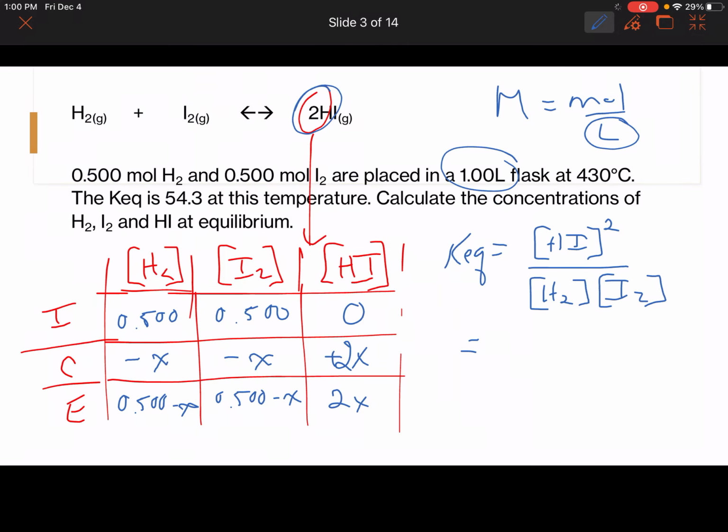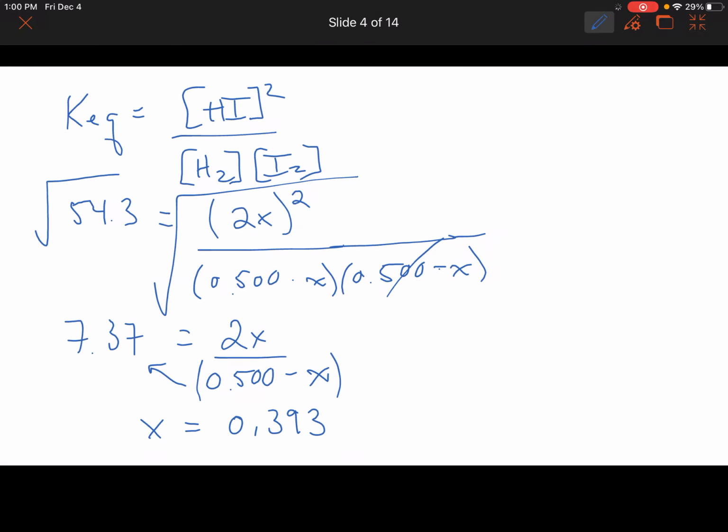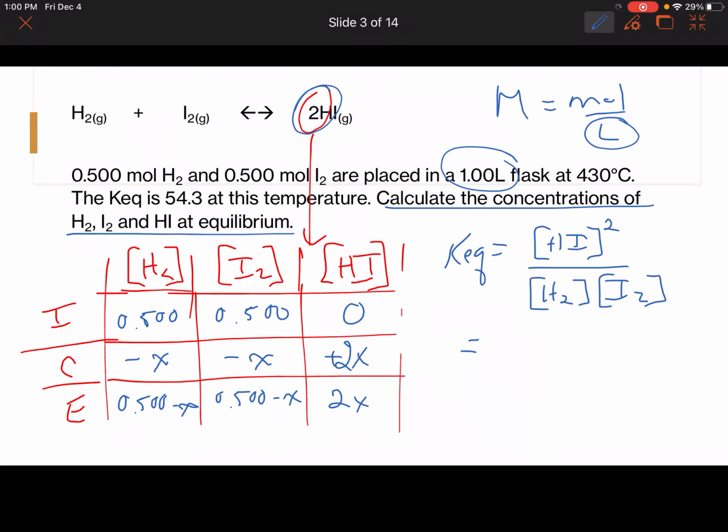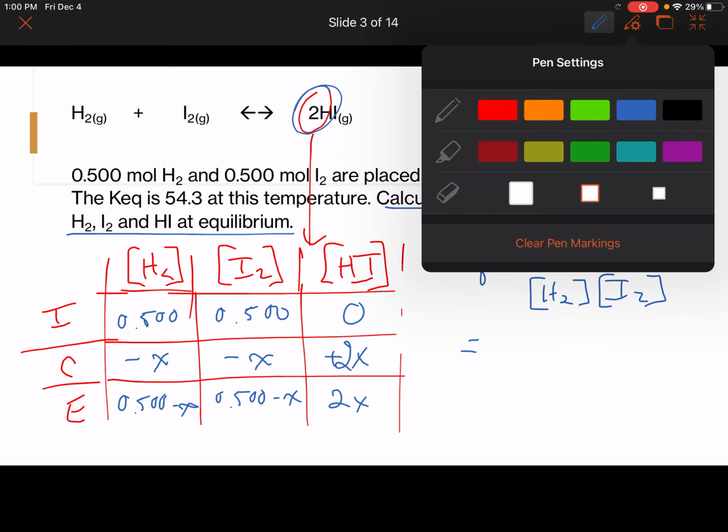Now, if I look back, the question was asking me to calculate the concentrations at equilibrium. So I know what x is now. So now I have to apply that to the concentrations for equilibrium.